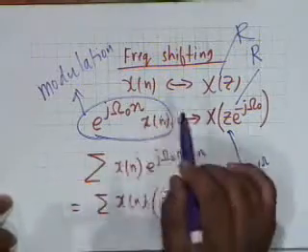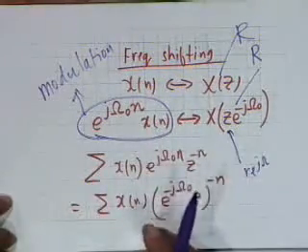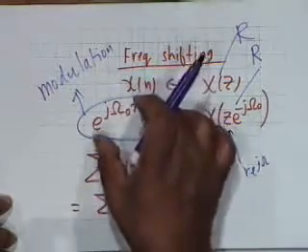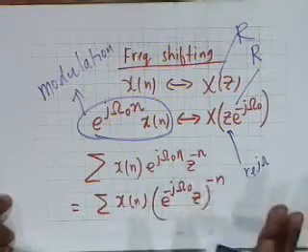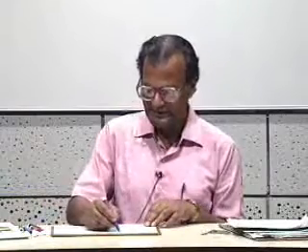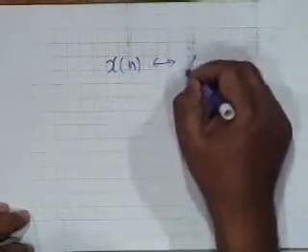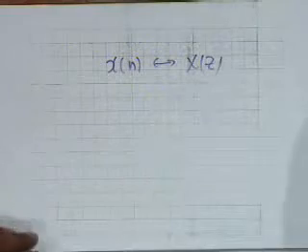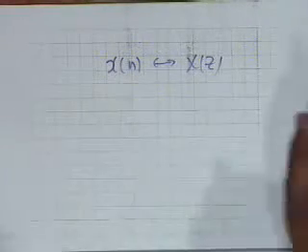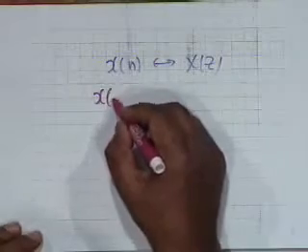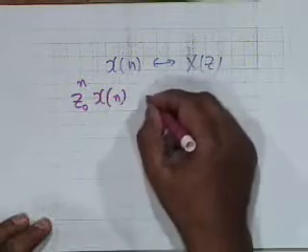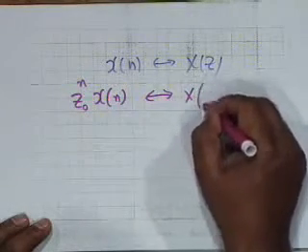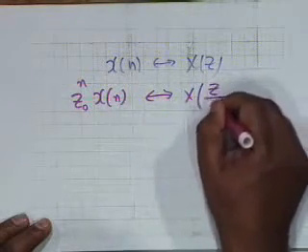Now in general this could be generalized by saying, instead of multiplying by e to the j omega naught n, if we multiply by some constant, some complex quantity z0 to the power n, let's see what happens. If x of n is the pair of capital X sub z, then x of n times z0 to the n, where z0 is a constant, shall be in general capital X of z over z0.